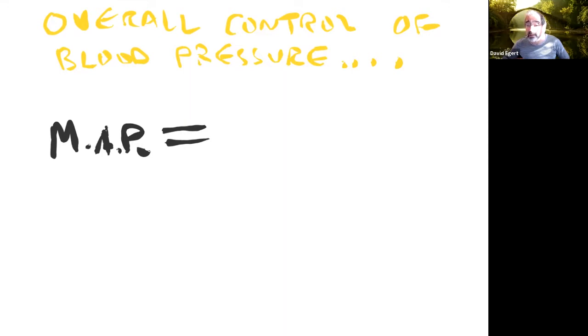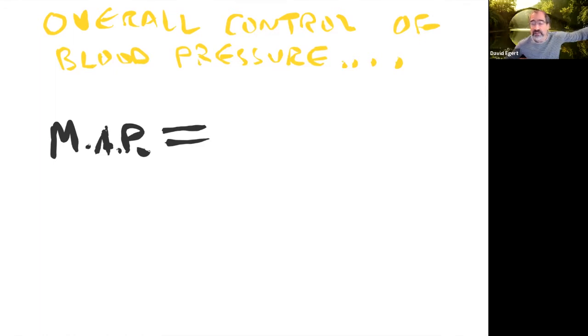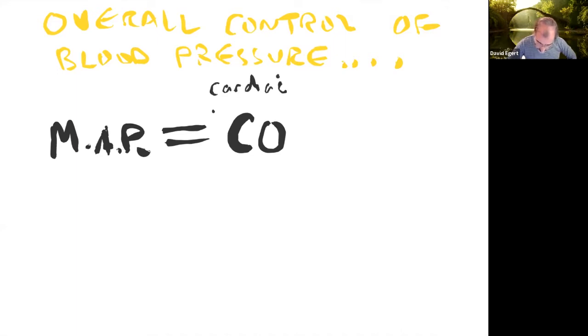There was a relationship that we introduced last class that's critical to everything we're going to do. The pressure equals flow times resistance. Exactly. So pressure equals flow, and since we're talking about overall pressure, the flow is going to be the cardiac output, times the resistance.